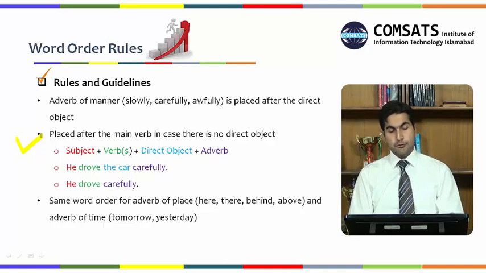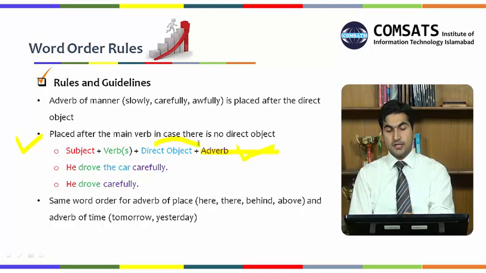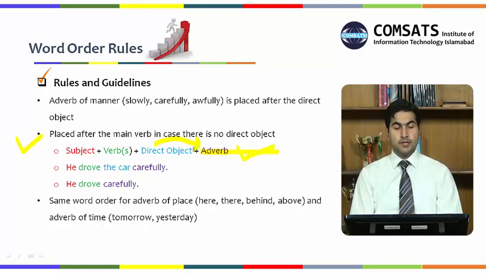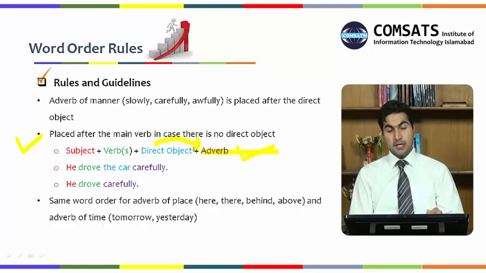So if you look into the rule, the subject will come first, then your verb, then the direct object, and then this adverb. So it's basically placed after the direct object. As you can see, this is the direct object, and then comes the adverb, and it is placed after the main verb when there is no direct object, as in this one.